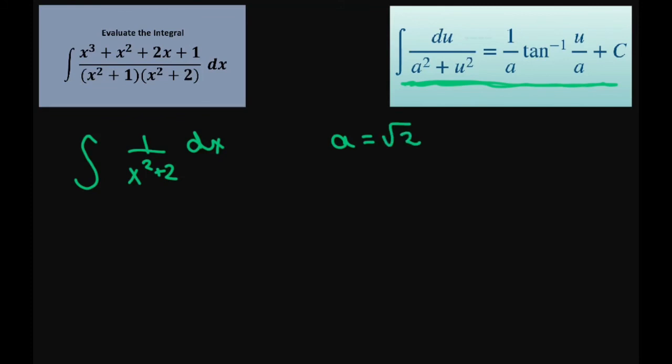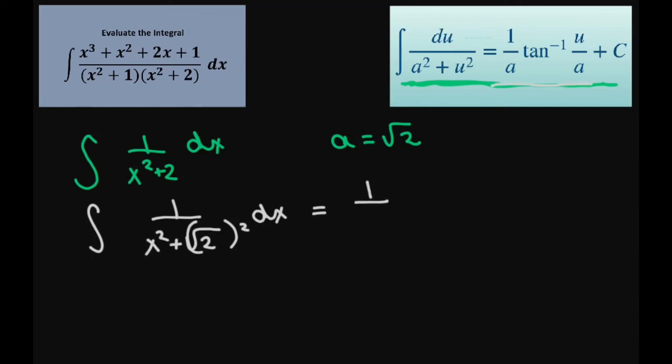So if a is square root of 2, then when you integrate this, you're going to get the integral of 1 divided by x squared plus square root of 2 squared dx. And that's going to give you 1 divided by square root of 2 times inverse tan of x divided by square root of 2 plus c, and again, I'm just using this formula.